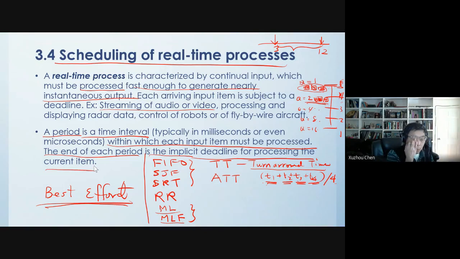So normally, for a real-time process, you either complete the process within a certain time or fail. If you cannot execute the process before a certain deadline, then it failed. You cannot say, okay, there's a delay. There's no such thing as delay. Delay means failed.